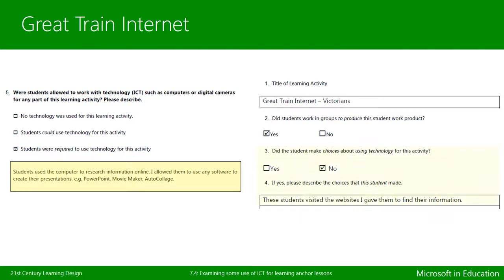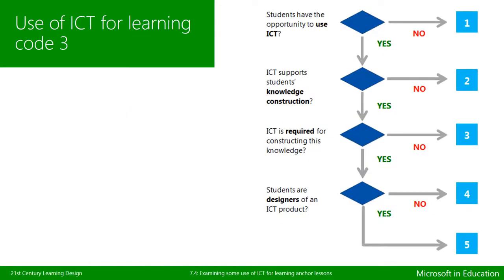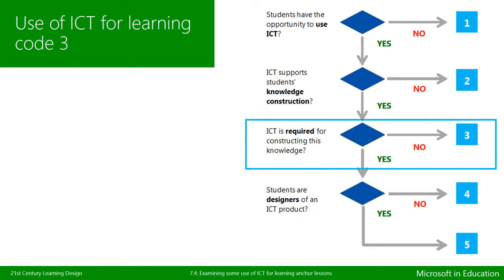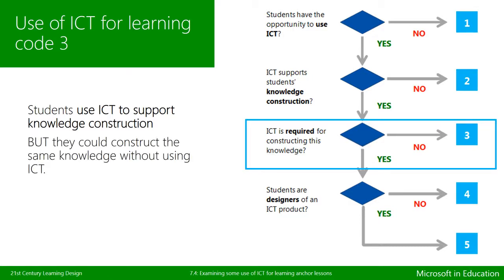However, ICT was not pedagogically necessary because students could have built the same knowledge using books in a library or a print encyclopedia. Therefore, the evidence in the anchor lesson, Great Train Internet, points to a code 3 for this learning activity. This means that students use ICT to support knowledge construction, but they could construct the same knowledge without using ICT.